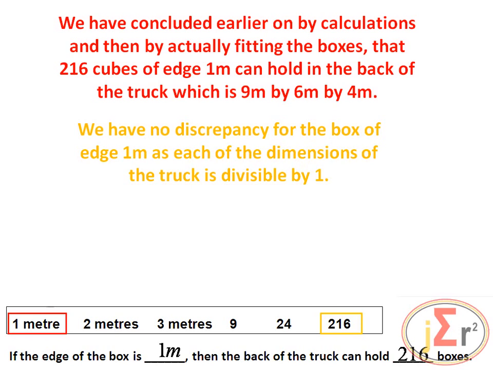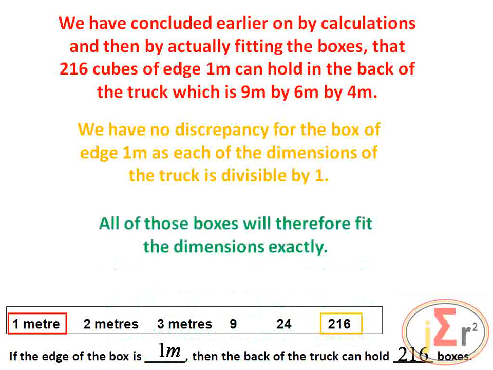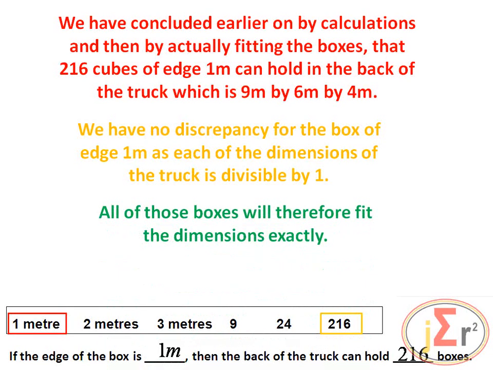Therefore, if we load them in or we do the calculation alone, the answer will be the same and the answer will be correct. All of those boxes will fit the dimensions exactly as we said before, because 1 will go into any whole number and the dimensions are in whole numbers.